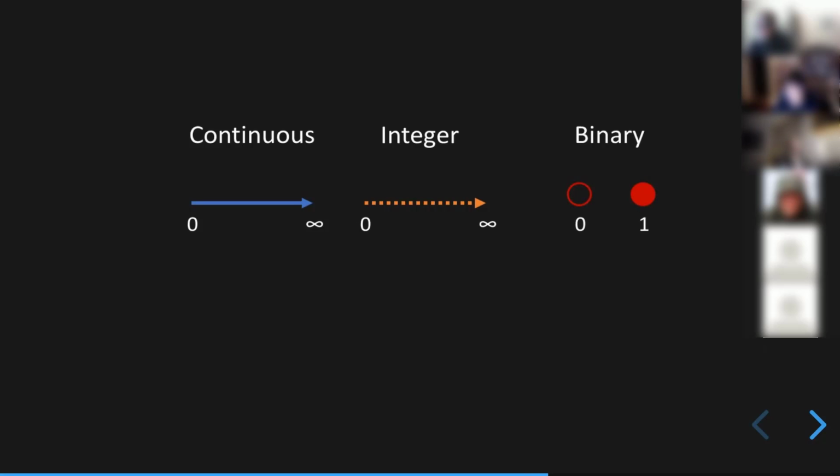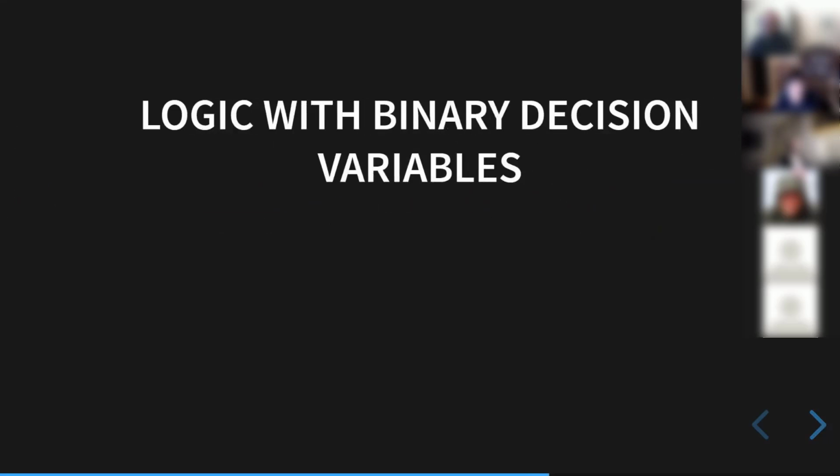decision variables. And once you have binary decision variables, things get really interesting because now you can start modeling logic. And if you can model logic, you can model business decisions and business strategies and things like that. So when you have those binary decision variables, you can do things like AND logic.